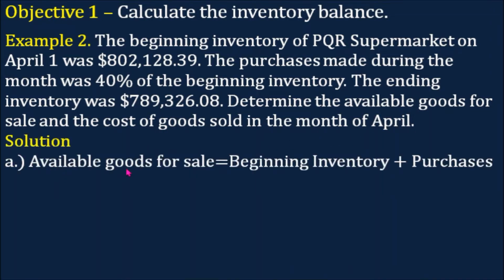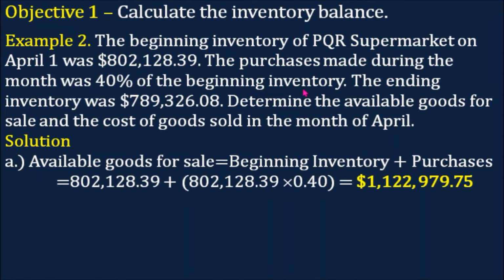For the available goods for sale, it's the beginning inventory plus the purchases. So our beginning inventory here is 802,128.39, and the purchases is 40% of the beginning inventory. So that means 802,128.39 times 0.40.